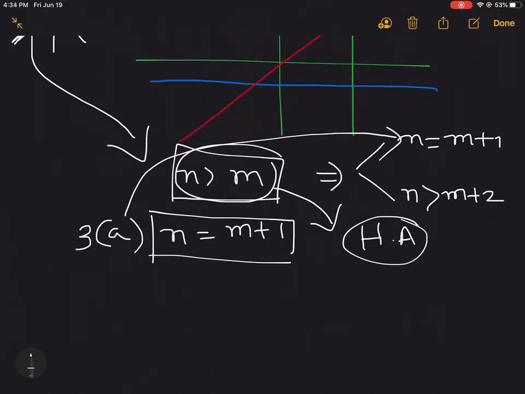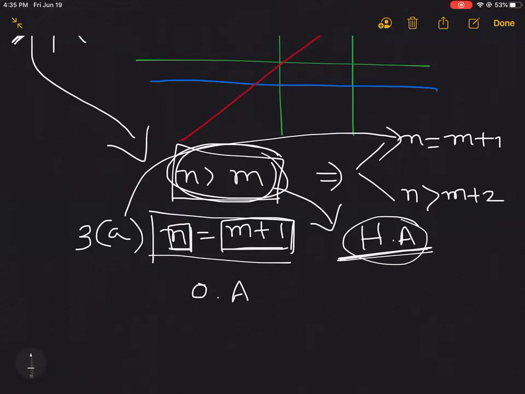But if the degree of the denominator is just one more than the degree of the numerator, or rather the other way, if the degree of the numerator is just one more than the degree of the denominator, then we actually have an oblique asymptote. We won't have any horizontal asymptote, as it's greater than the degree of the denominator. No problem with that. But will we have any other asymptote?